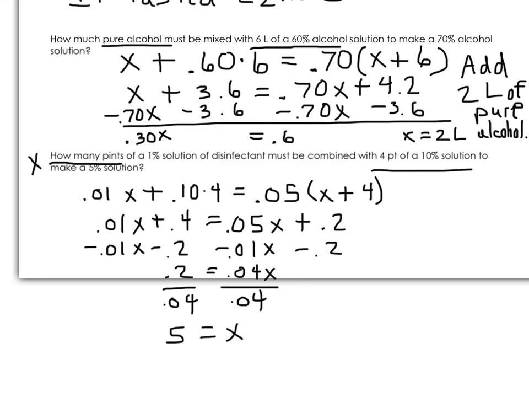X is the number of pints. So we will combine 5 pints of a 1% solution with 4 pints of a 10% solution, and that will give us 5 plus 4, 9 pints of a 5% solution. So we need to add 5 pints.